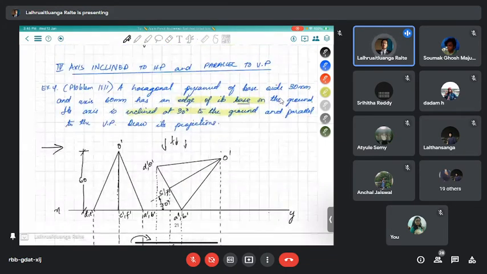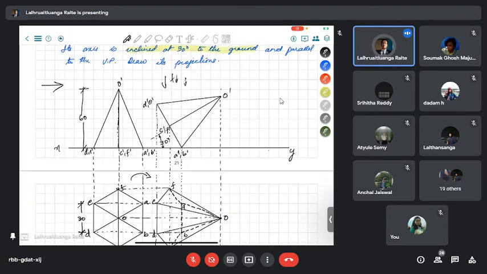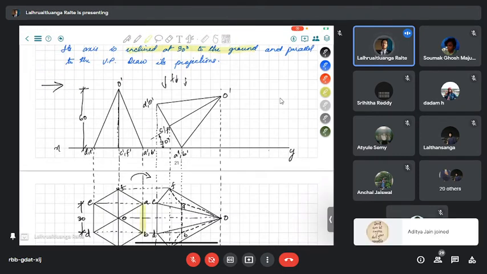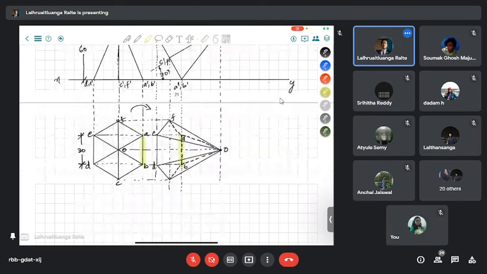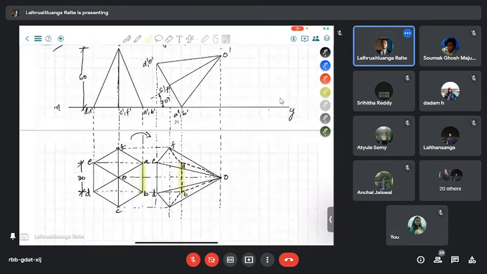And here the question is telling us that the edge of its base, it's this particular edge we are talking about, this edge, ABH, is still intact, lying on the ground, and the axis is still parallel to the vertical plane.